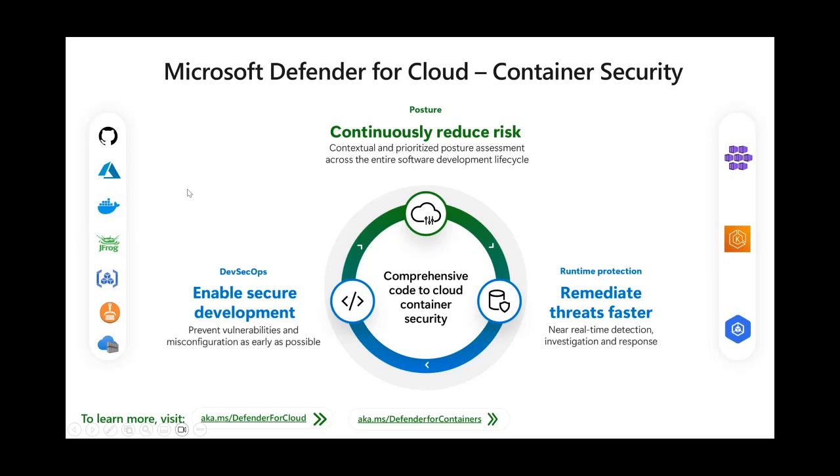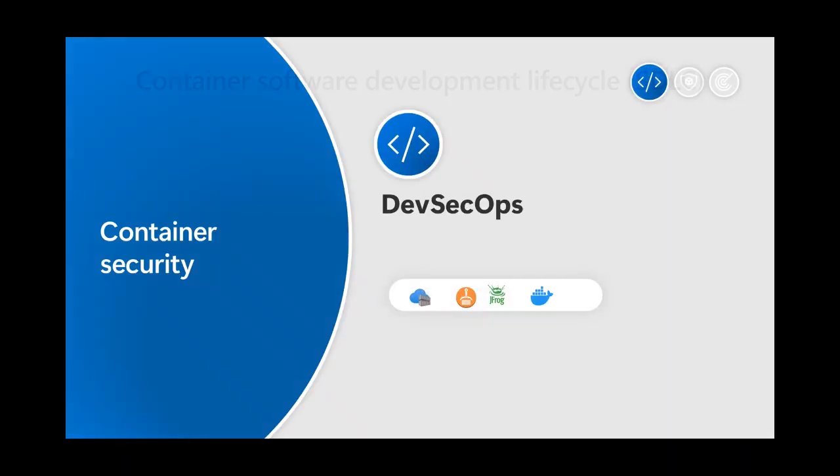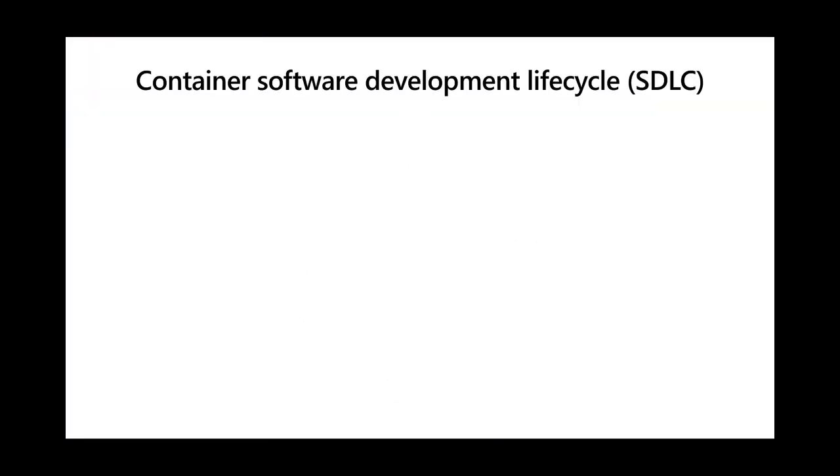And some notable things that you'll see is the support for JFrog, and we actually announced support for Docker Hub registries earlier this year as well. So taking a closer look at the announcements around DevSecOps.